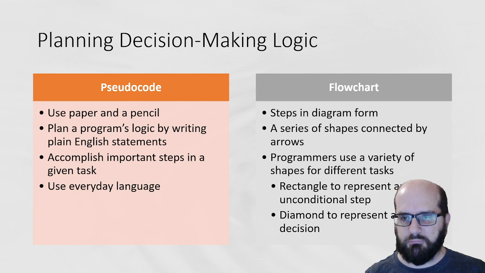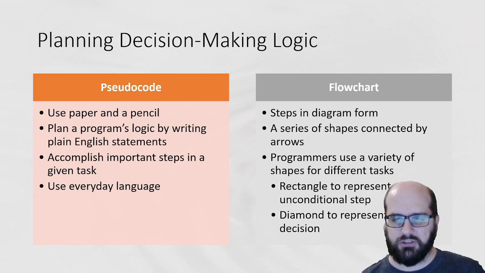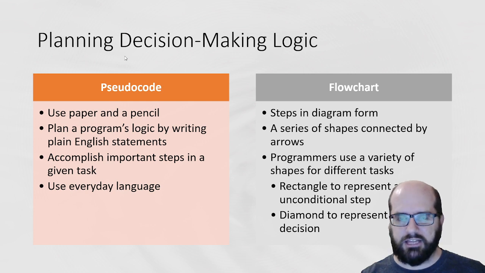You identify any algorithmic assumptions. That is, you identify things that you assume would work, but they don't really make sense when you try to do them. And you break them down into decomposed parts so that they're easy to follow. You accomplish important steps in a given task, and most importantly, in this stage, you use everyday language.